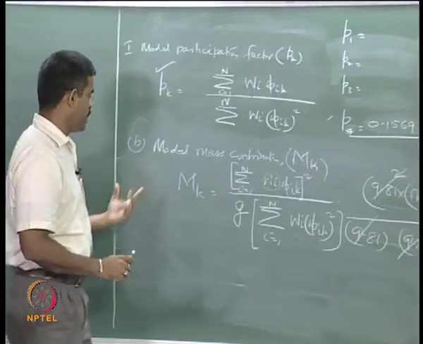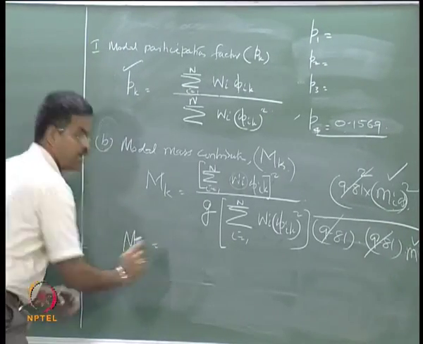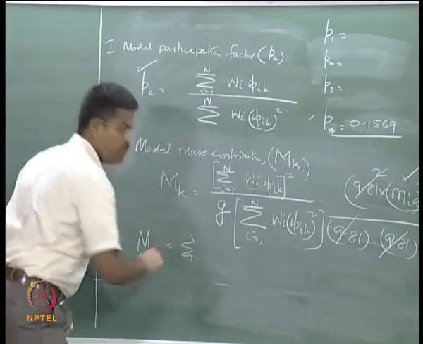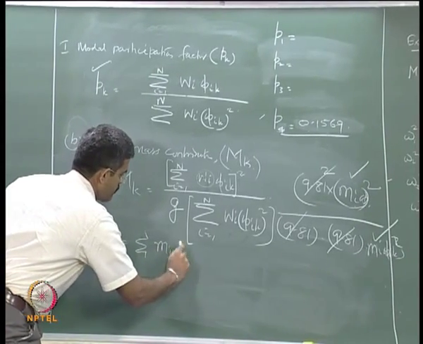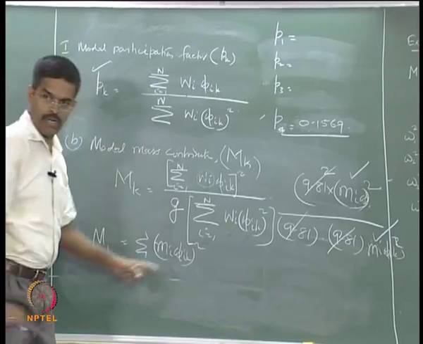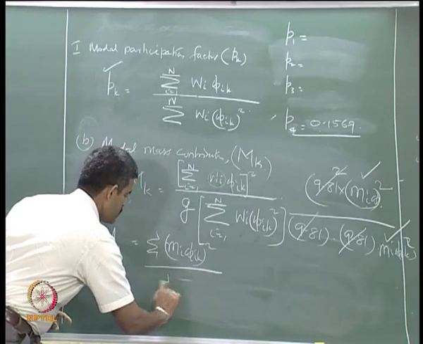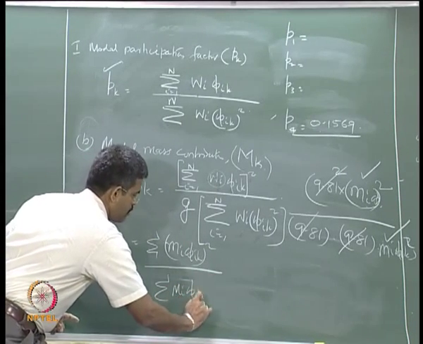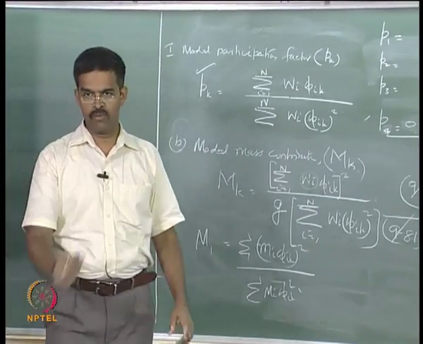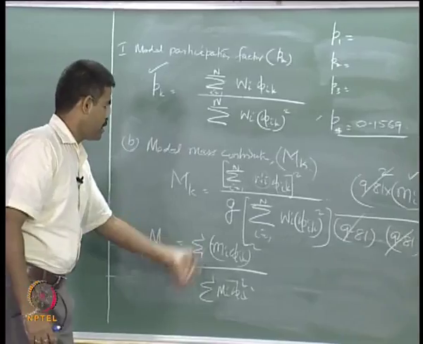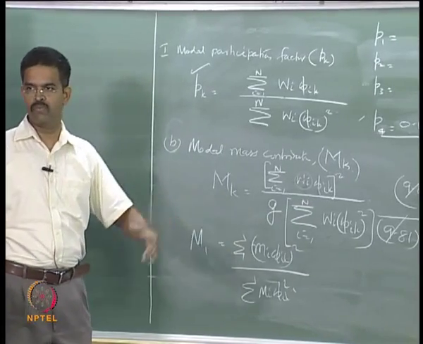So, I can easily find my m1 as sum of mi phi ik the whole square divided by sum of mi phi ik square, which I already have in my third and fourth column of the earlier table. So, use that, find the ratio and get me m1, m2, m3, m4.